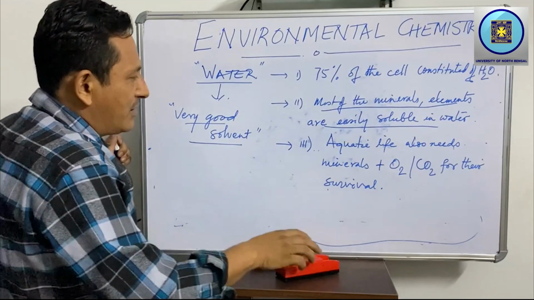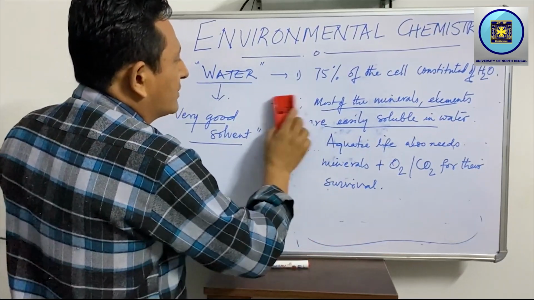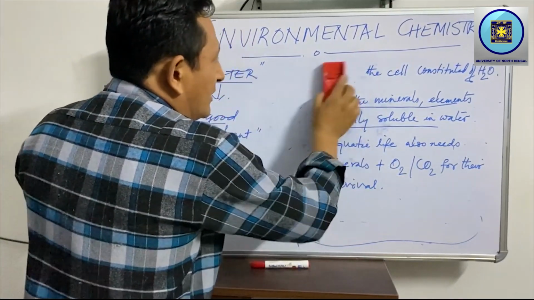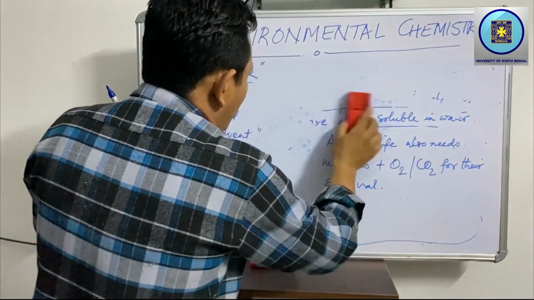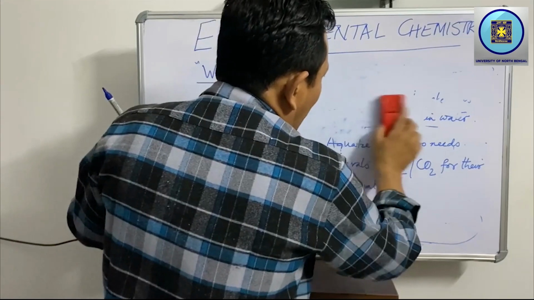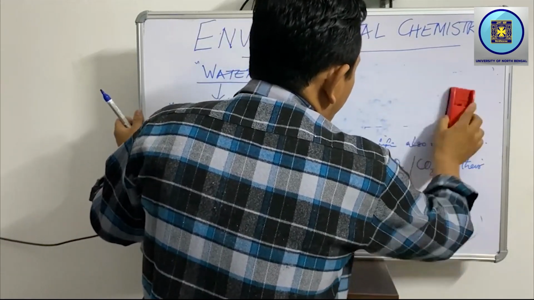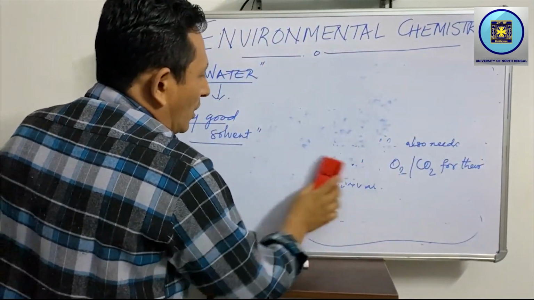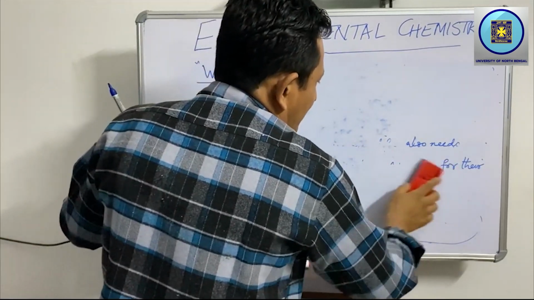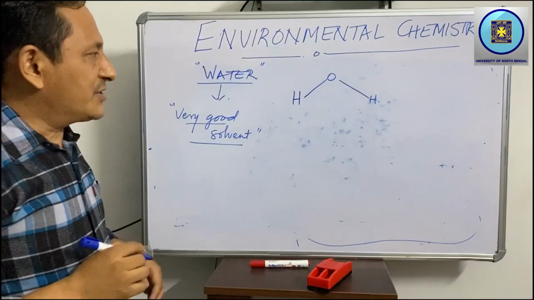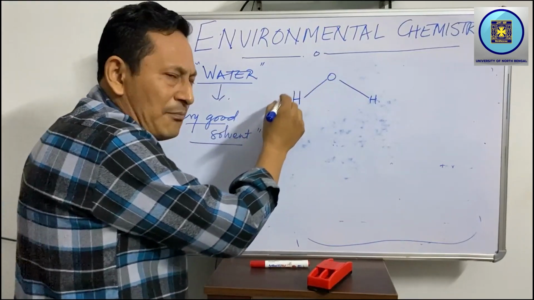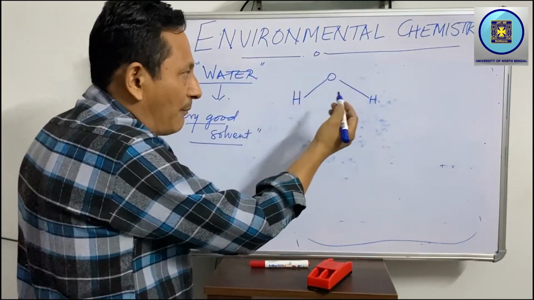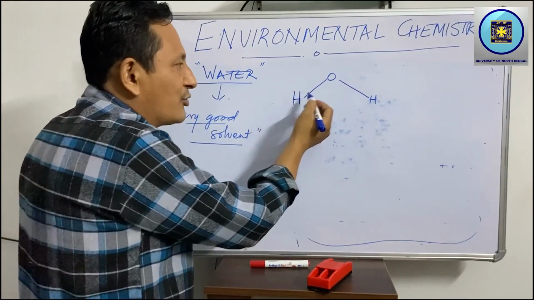Now, why is water a very good solvent? You need to understand this from the chemistry viewpoint. Only then does it become easier to understand why water acts as a very good solvent. From the chemistry standpoint, we look at water as a compound made up of one oxygen atom and two hydrogen atoms.